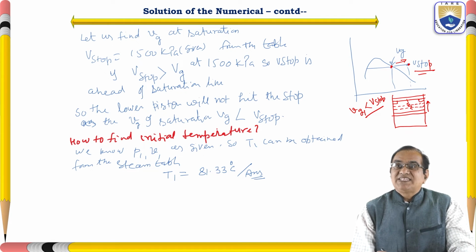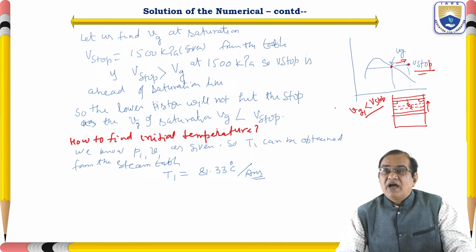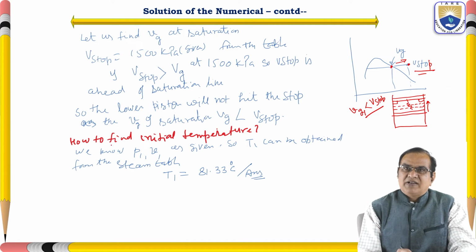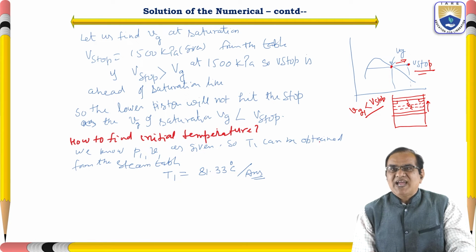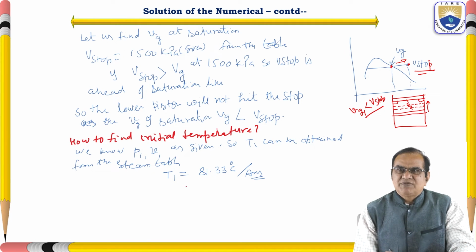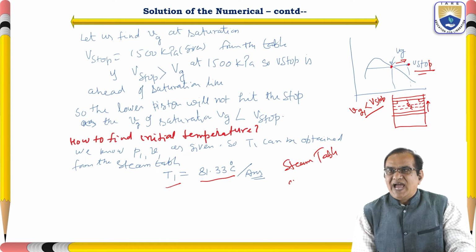How to find the initial temperature? Now we have to get the initial temperature. We know that P1 and V1 are given, so T1 can be obtained directly from the steam table, and we got T1 equal to 81.33 degrees centigrade from the steam table at the given P1 and V1.